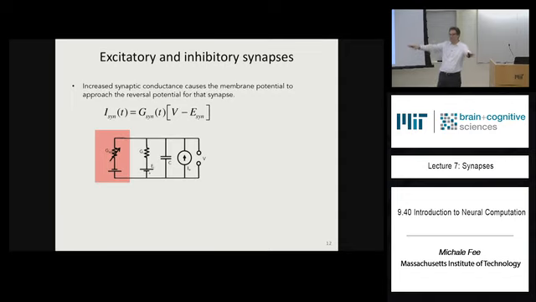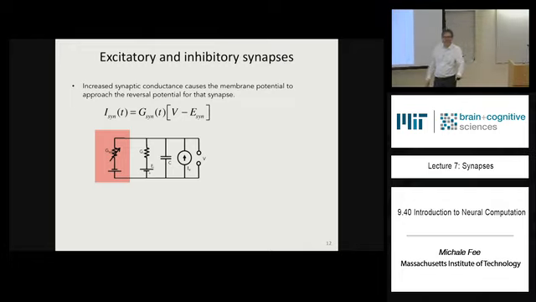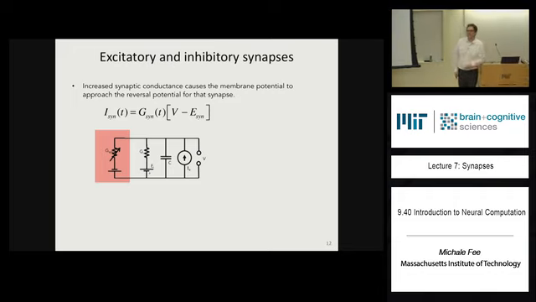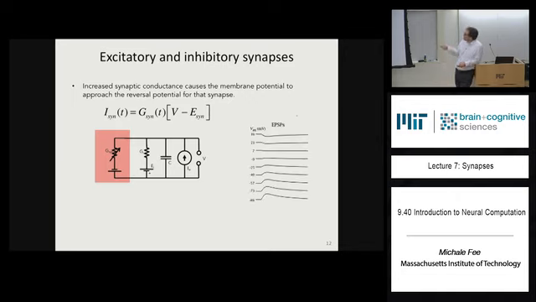It's not what you learned in 901, right? No. But this is how it really works. The reason you think of excitatory synapses as always pushing the voltage up is because most of the time the cell's sitting here.